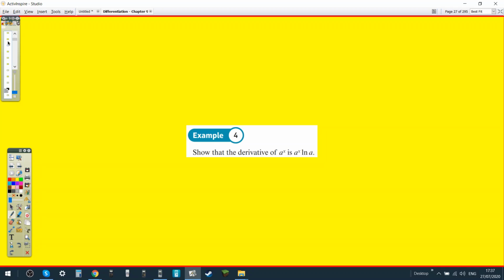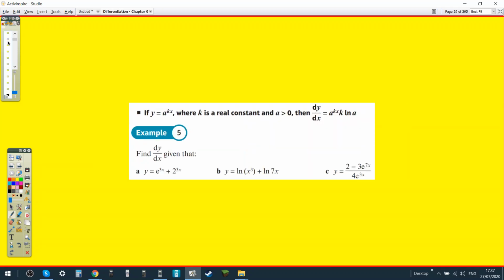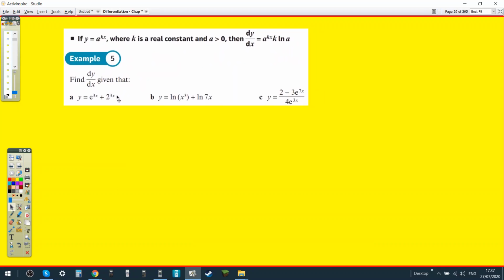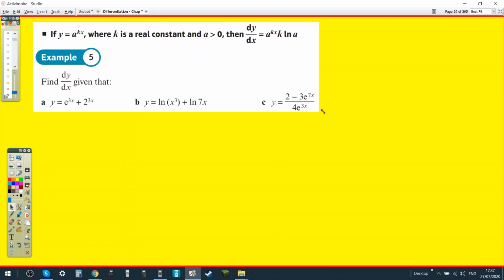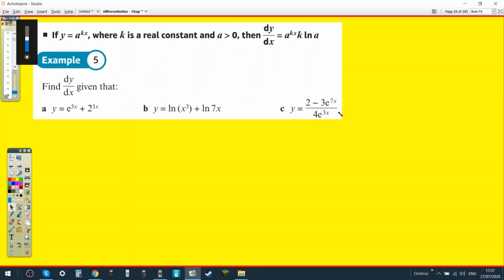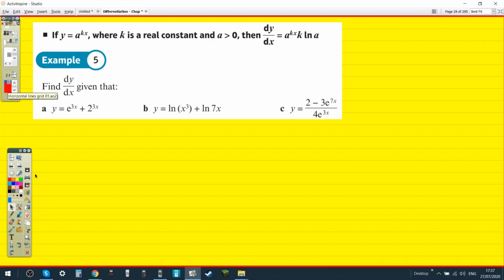A to the x ln a. We did it with like 2 to the x. Yeah. Okay. How about these? So the first one would be dy by dx is equal to 3e to the 3x plus 3 times 2 to the 3x.